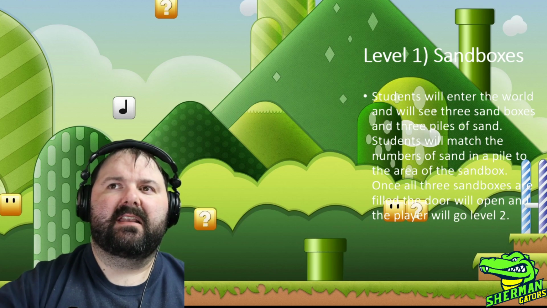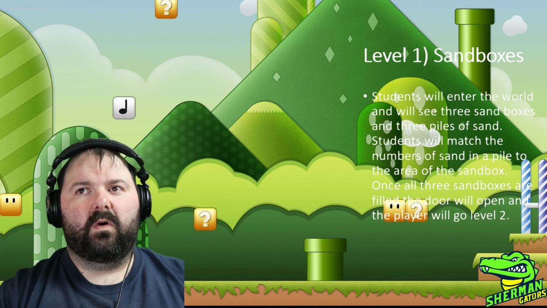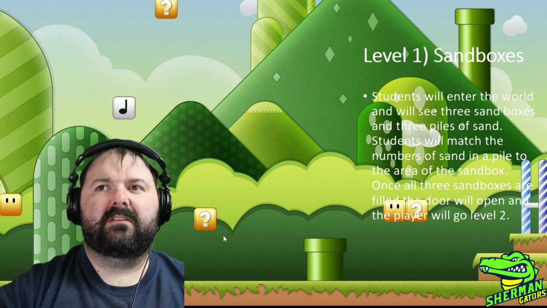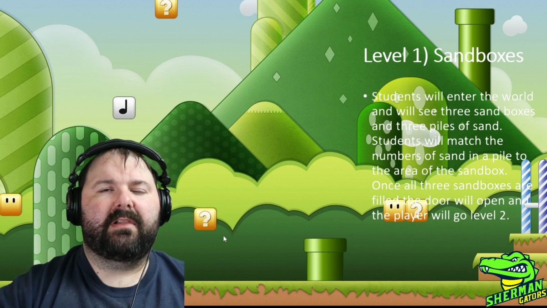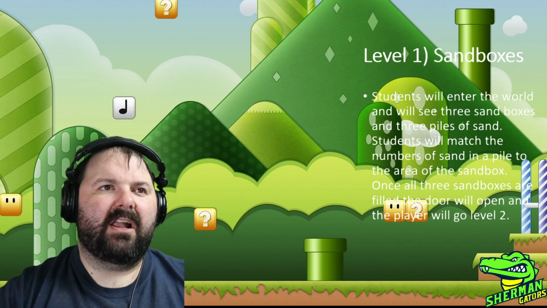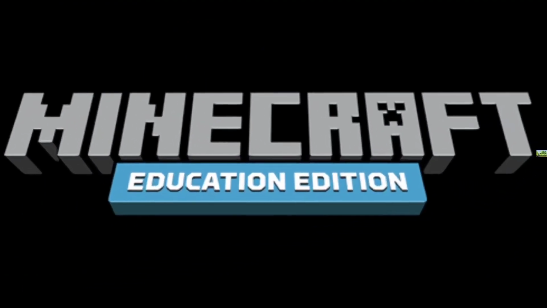Students will match the number of sand in a pile to the area of the sandbox. Once all 3 sandboxes are filled to the door, the door will open and the player will move on to level 2. So here is a quick little video to support that.